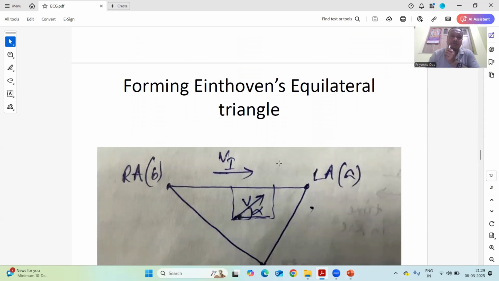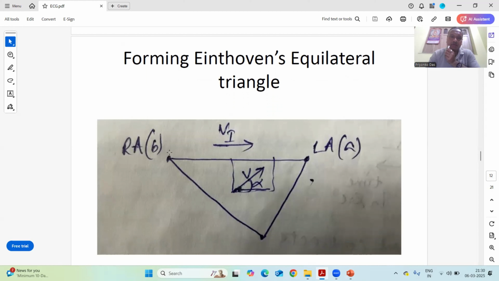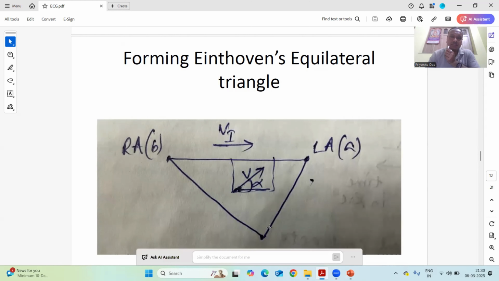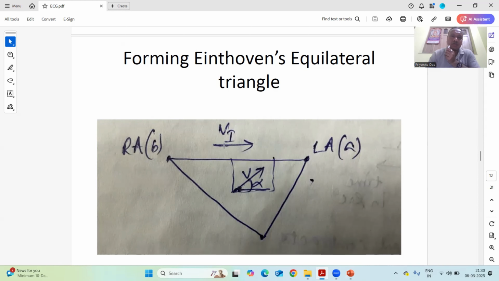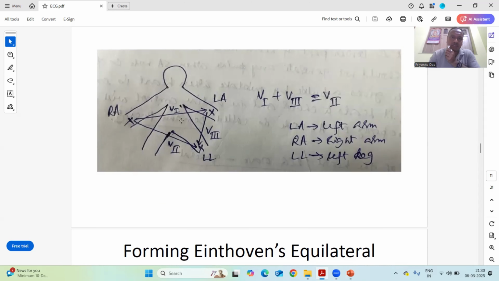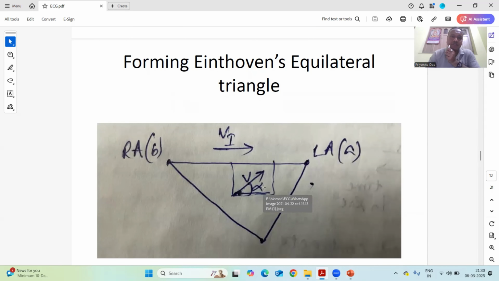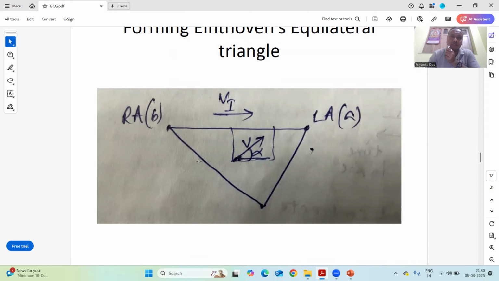If the triangle is A, B and C, A is the left arm, B is the right arm and C is the left leg. The voltage component acting from right arm to left arm is named V1 as per Einthoven.